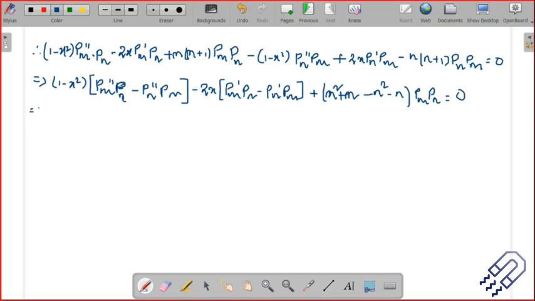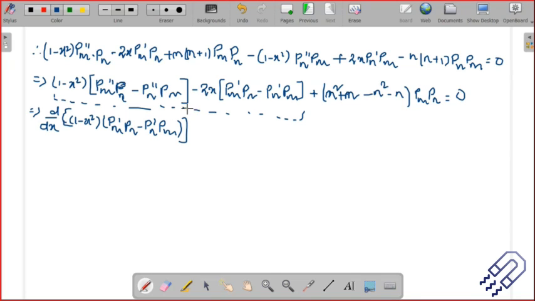Now what we can do is look into these two terms. You can actually combine them into a differential equation. That means both of these terms can be written as d/dx. The first function would be 1 minus x square, and the second function would be Pm dash Pn minus Pn dash Pm.